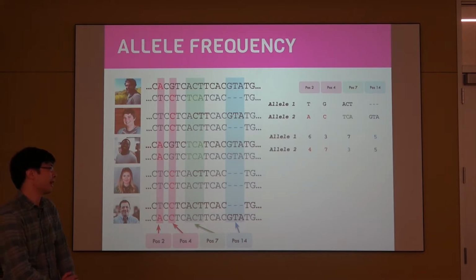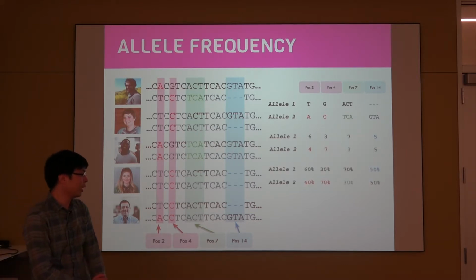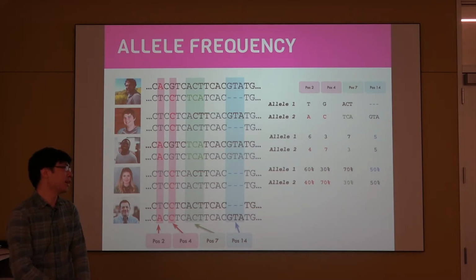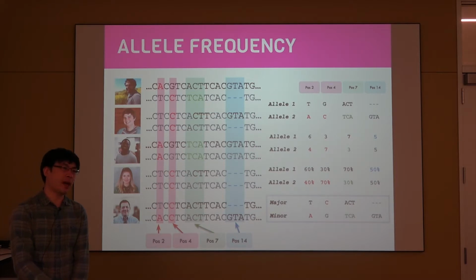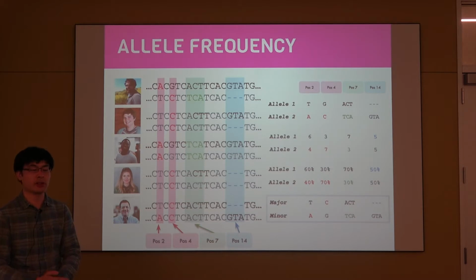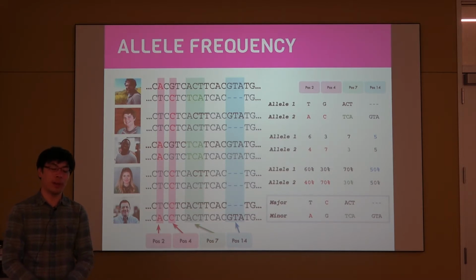So that, of course, makes the frequencies for T and A 60% and 40% respectively. And therefore, we can now assign these 2 alleles another name, which are major and minor. So, of course, the major allele is the allele that's more prevalent in the population, and the minor allele is the one that's less prevalent.